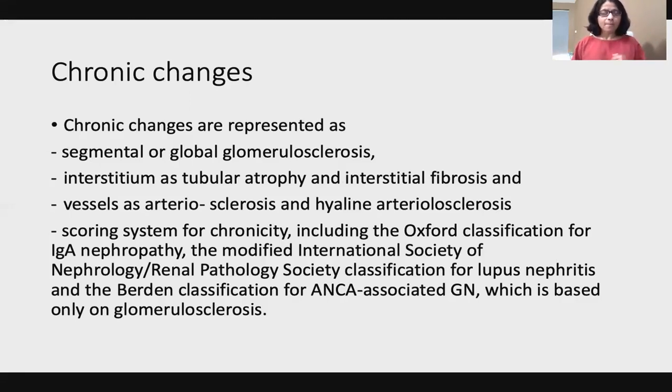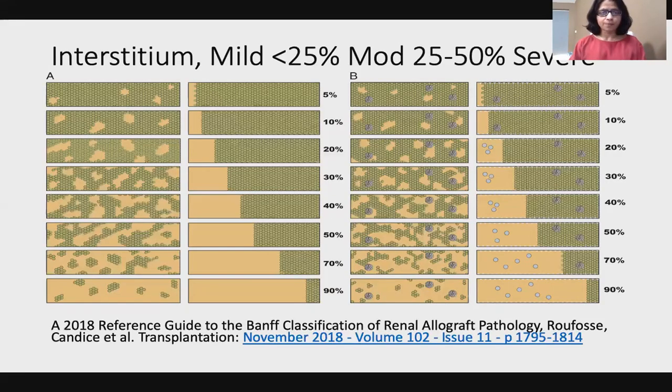We also look at the blood vessels to look for how much chronic damage there is, how much arteriosclerosis there is, duplication of the lamina, expansion of the intima, etc. Certain classification systems which are used for certain pathologies have a built-in way of reporting these chronic changes, such as the Oxford classification system, which has a built-in T-score and segmental sclerosis score, and there is a similar scoring pattern which is used in lupus nephritis.